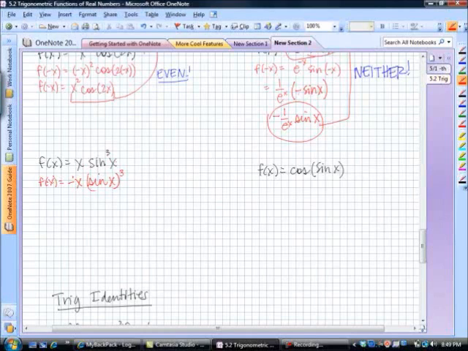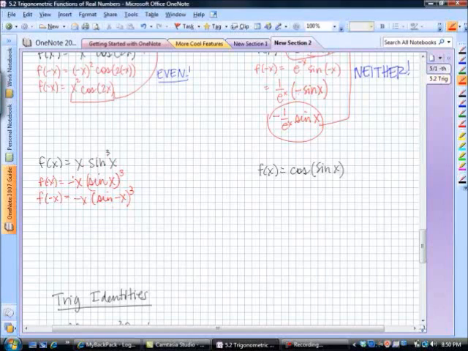So this would actually be f of negative x equals negative x sine negative x cubed. It's just a shorthand notation. When you see the exponent before the variable, it's just a way of not having to write the parentheses every time. That just means you're cubing the entire sine of x, not just x itself.